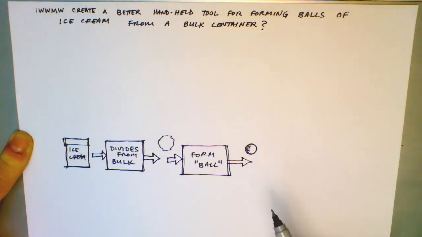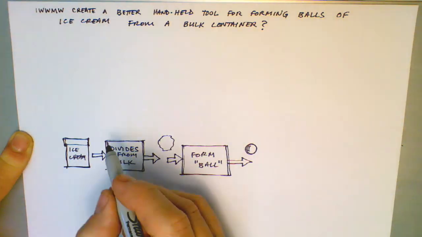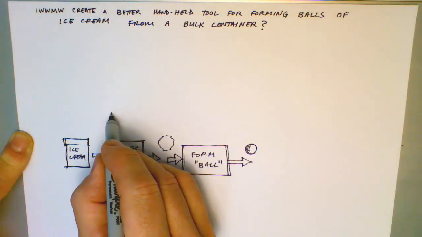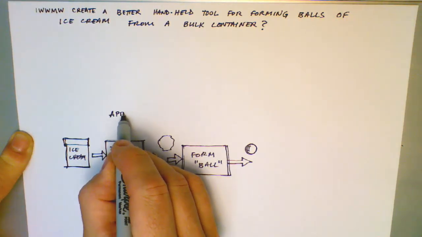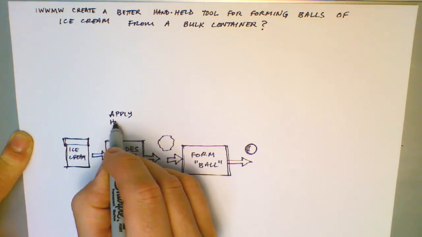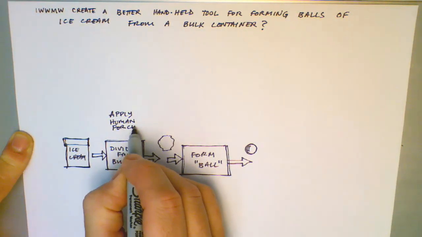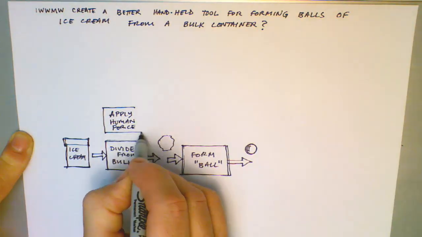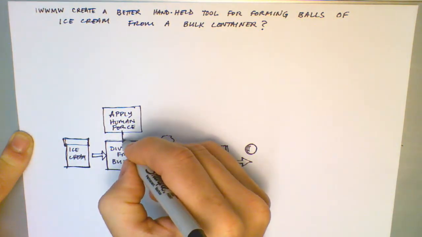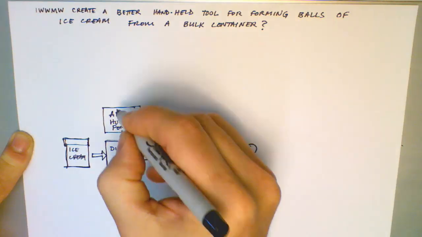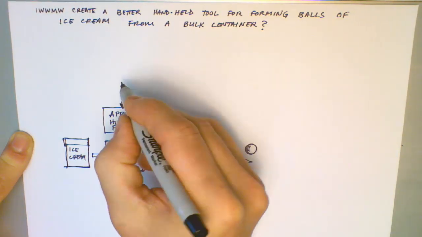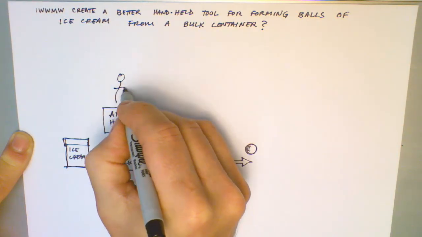Now there's also a flow of energy, and the main energy flow in an ice cream scoop is apply human power or human force. You can think about that as a flow of energy from our user.